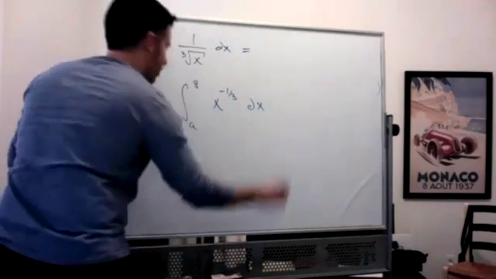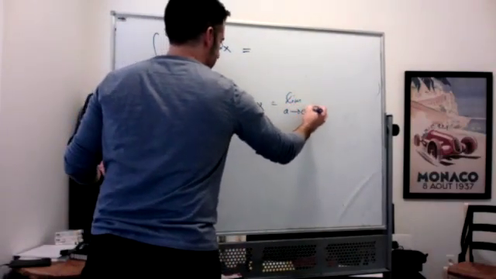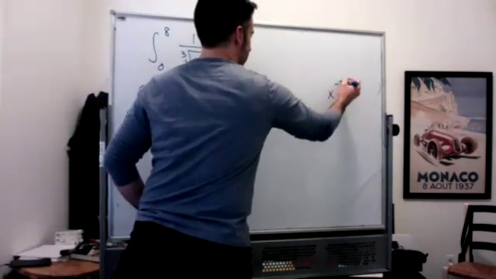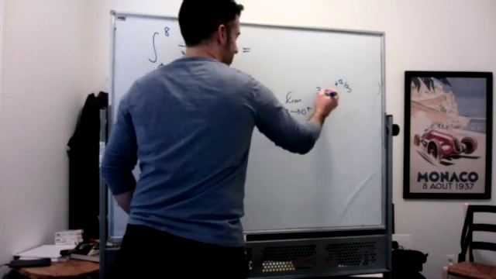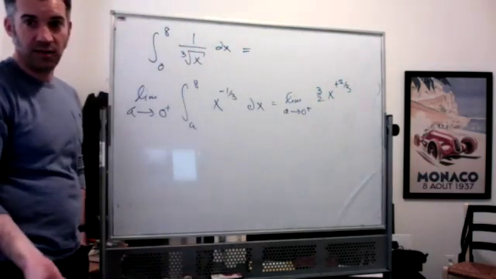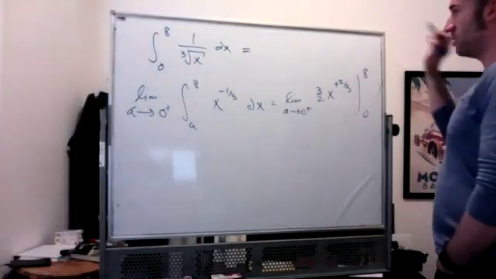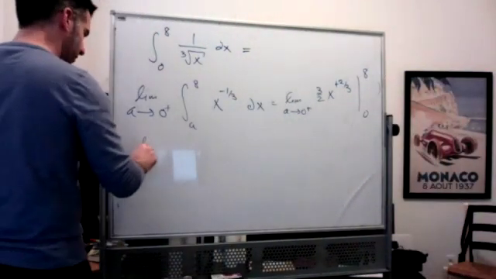We would take the limit as a approaches 0 from the right. We'd integrate this. We get x to the positive 2/3 times 3/2, right? We add 1 to the power, divide by the new power. From a to 8. I know we're out of time, so let me just finish this up here.